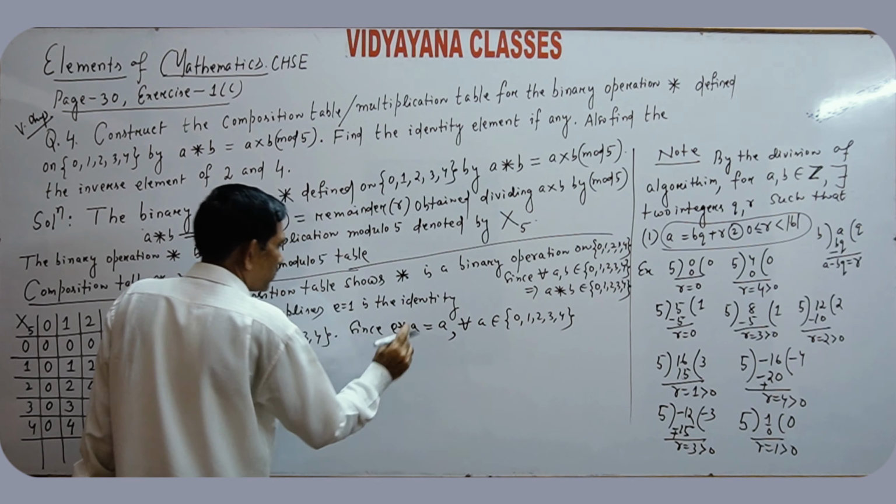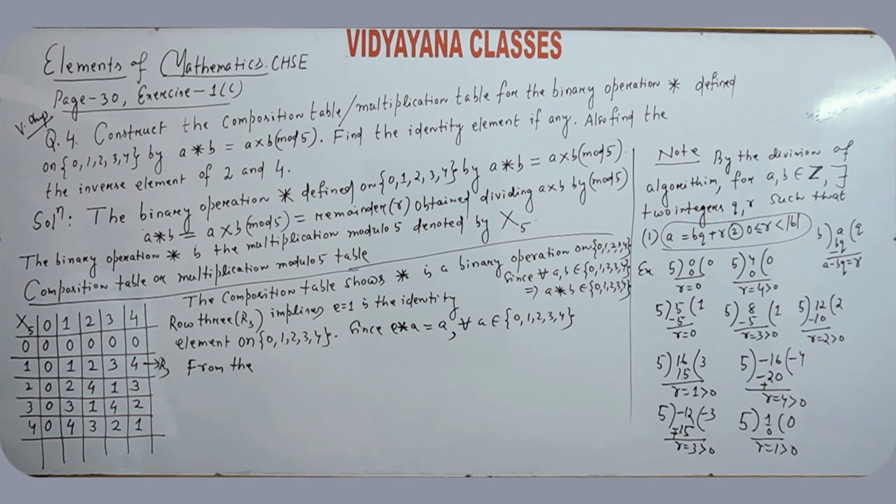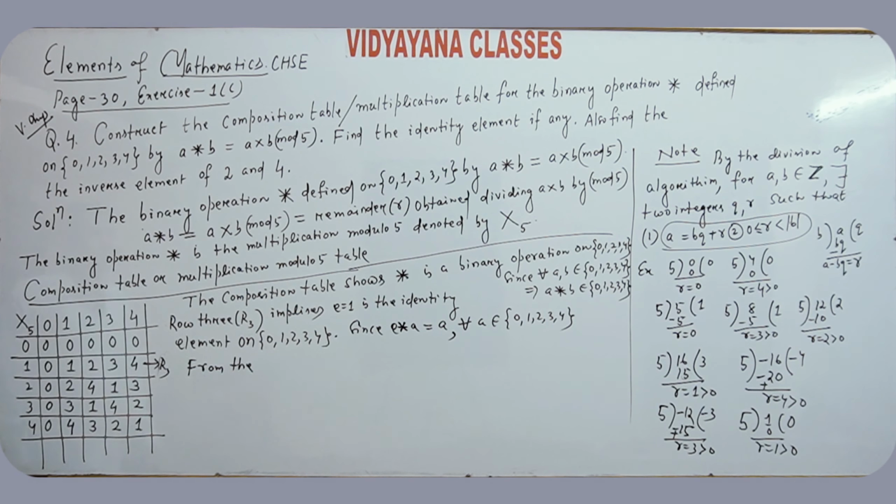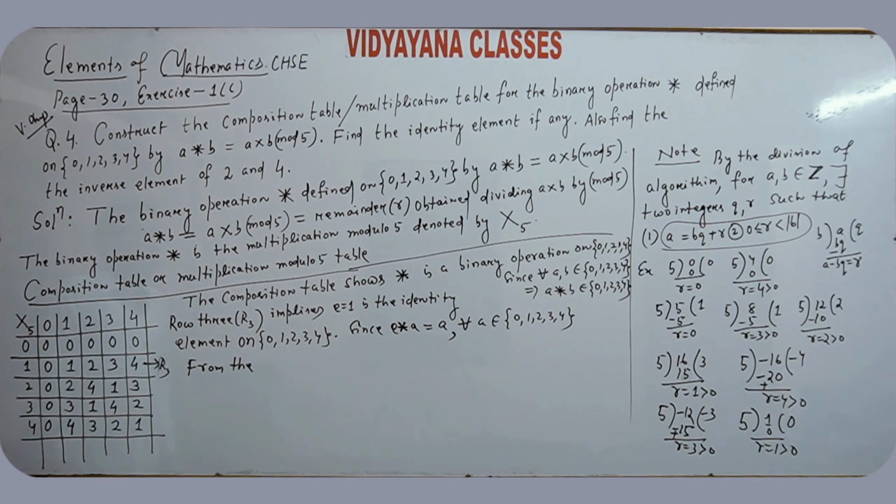It is the binary operation. E star A is equal to A for all A belongs to the set of 0, 1, 2, 3, 4.